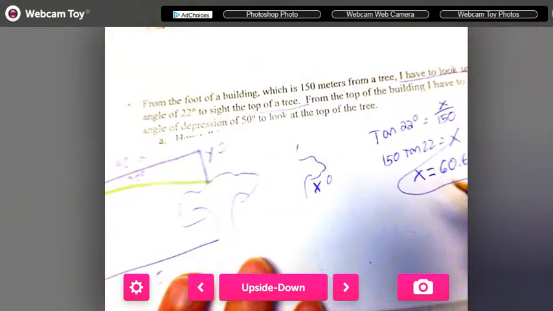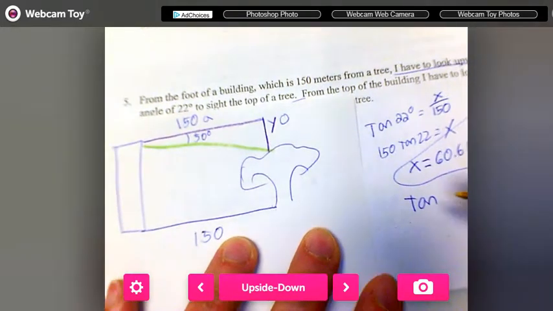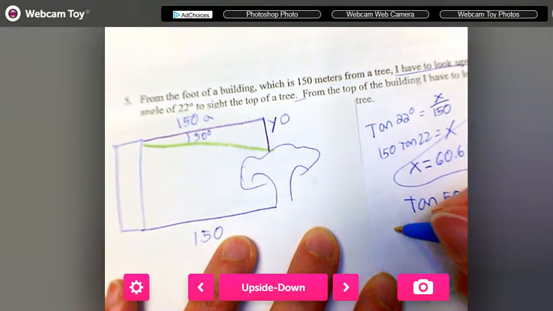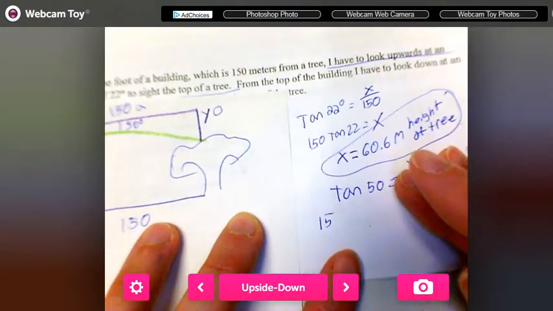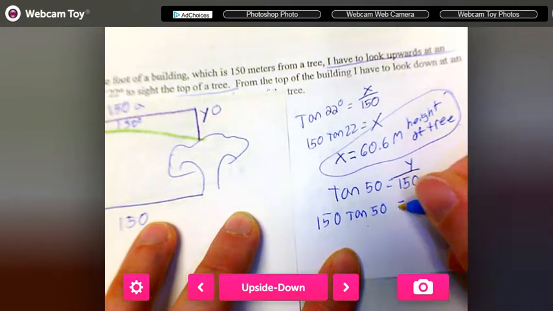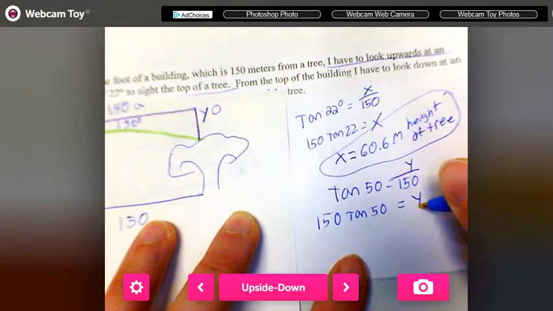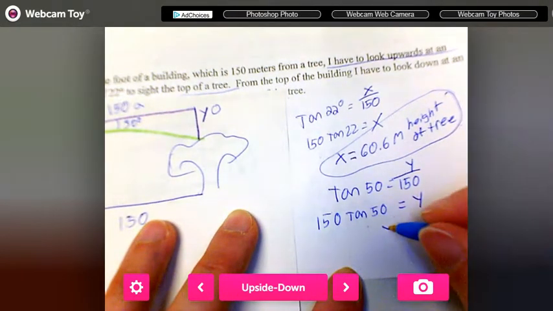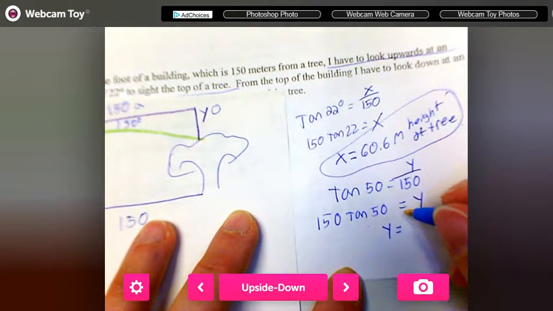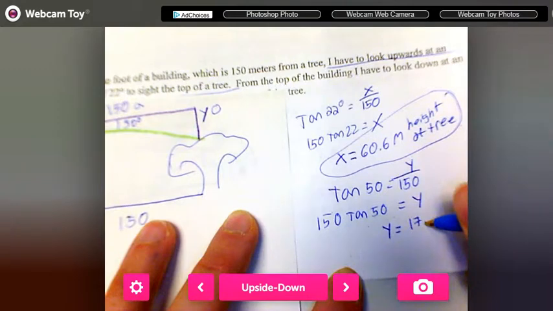So I'm going to say the tan of 50 equals the opposite y over the adjacent 150. So I say 150 tan 50 equals y. So I get y equals what? 178.8. Is that right? Yeah.